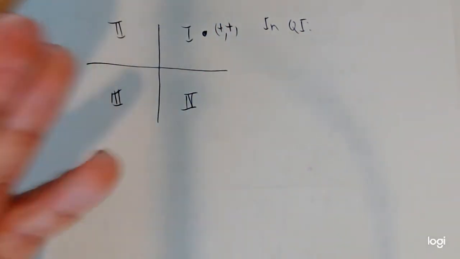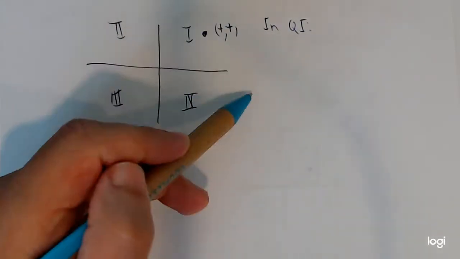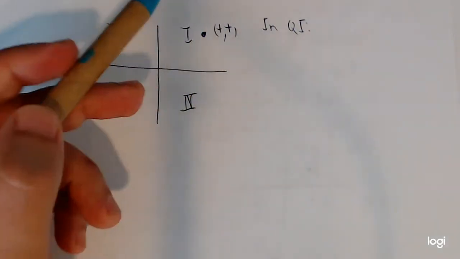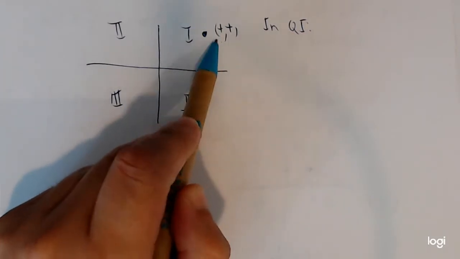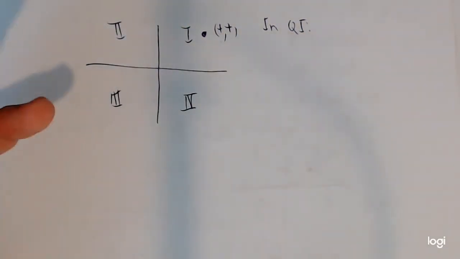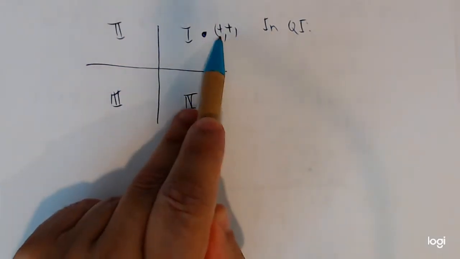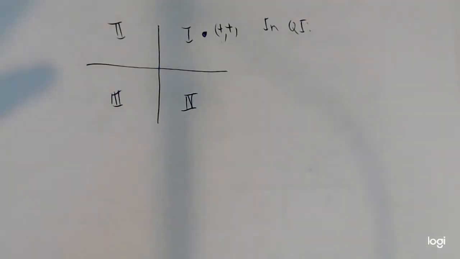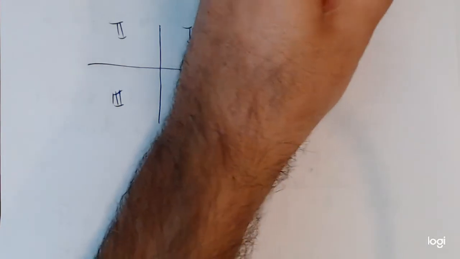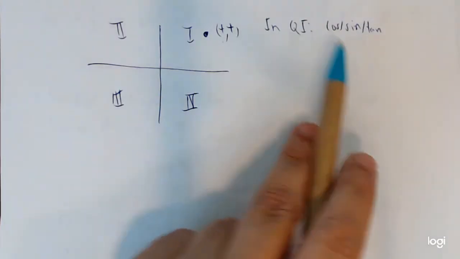So that means cosine is positive because a positive divided by a positive is positive. How about sine? Sine of theta is y over r. So if y is positive, r is positive, and if I divide them, it's still positive. Tangent is y over x, and so positive divided by positive, that means tangent's also positive. So in other words, cosine, sine, tangent, and of course they're reciprocals even, right?